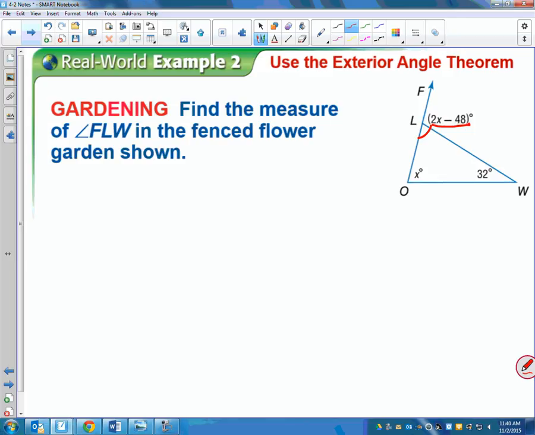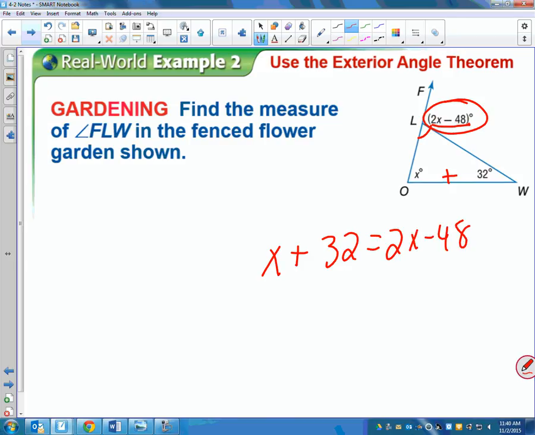But now we have the theorem, so you don't have to do all this work. You can just use the theorem that says the exterior angle will always equal the sum of the other two angles. So is it 32 plus x or is it 32x? What does sum mean? Plus x. So we can say that x plus 32 equals 2x minus 48.